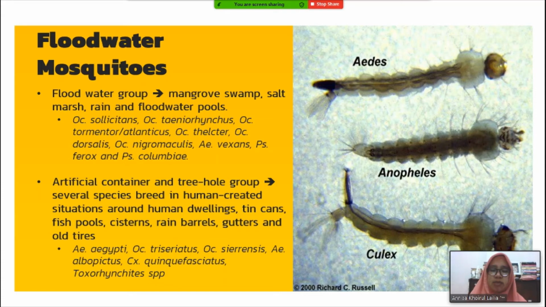And for the artificial containers, they breed in human-created situations, such as in human dwellings, tin cans, fish pools, cisterns, rain barrels, gutters, and old tires. The mosquito found in this area is such as Aedes aegypti.